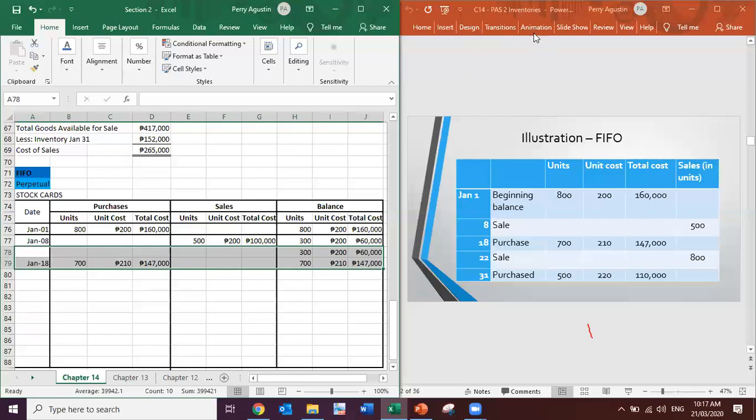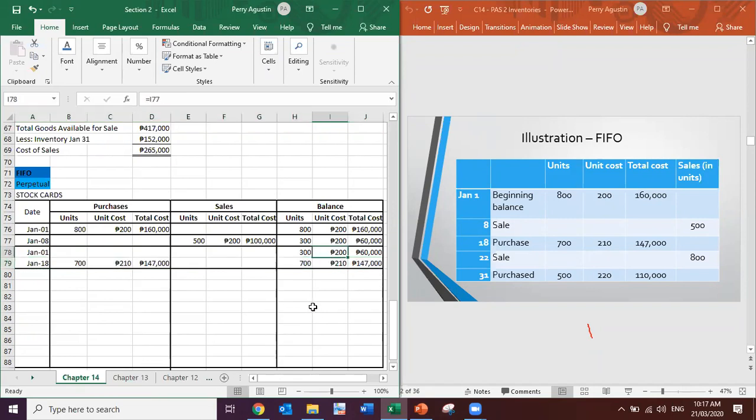Is it clear, everyone? Raise your hand. I just simply transferred the information. This is the remainder for your January 1. For this column, this is what is left for January 1 inventory, 300. The 700 is for the January 18 inventory at 210.